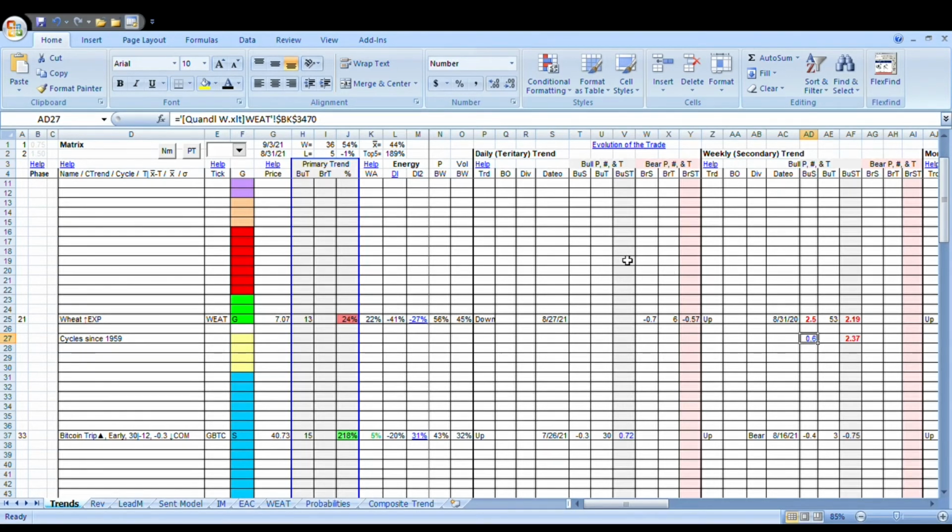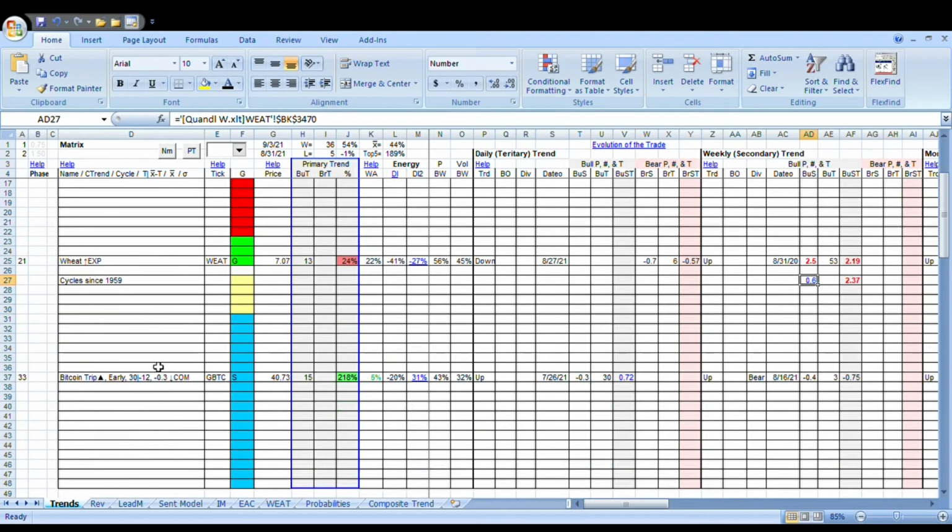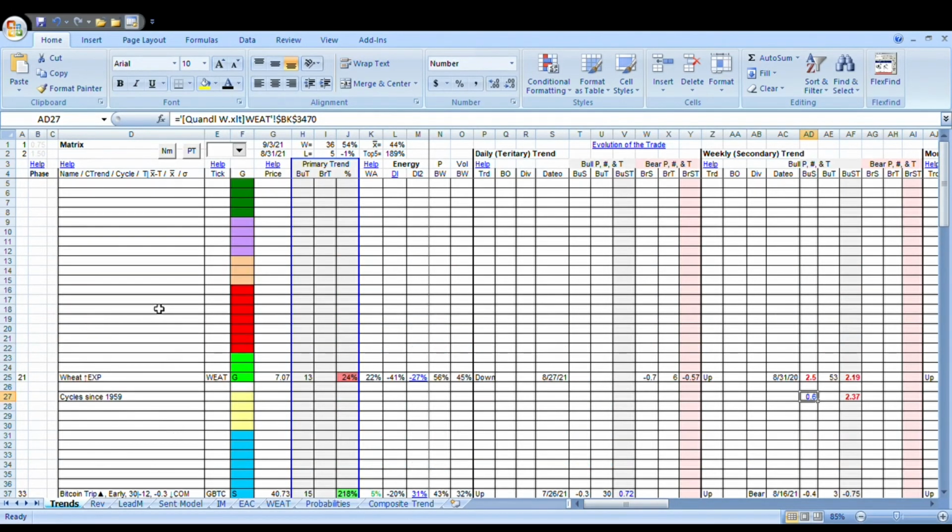But it is a concept that is difficult, and people don't focus on the multitude of assets inside the matrix that we have here. There's over 40 of them, and most people don't trade that many. And I never did. I only did that once I had the computer on my side.